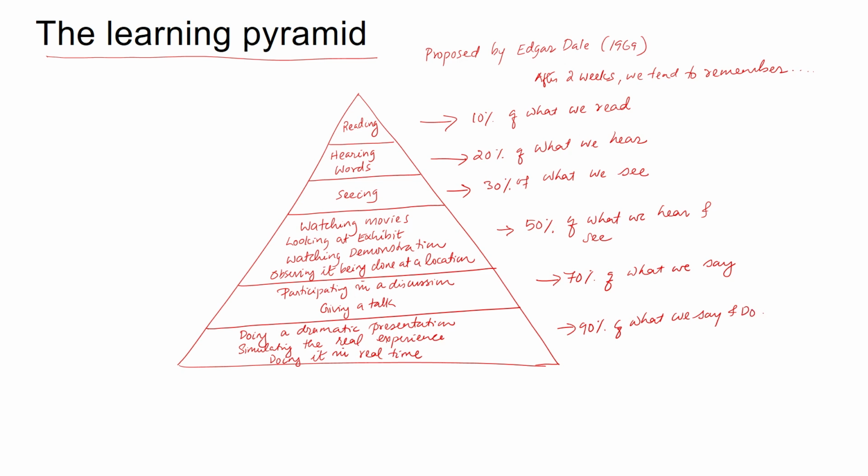Up to this 50%, this is called passive learning. And the bottom two portions of the pyramid, we call active learning.